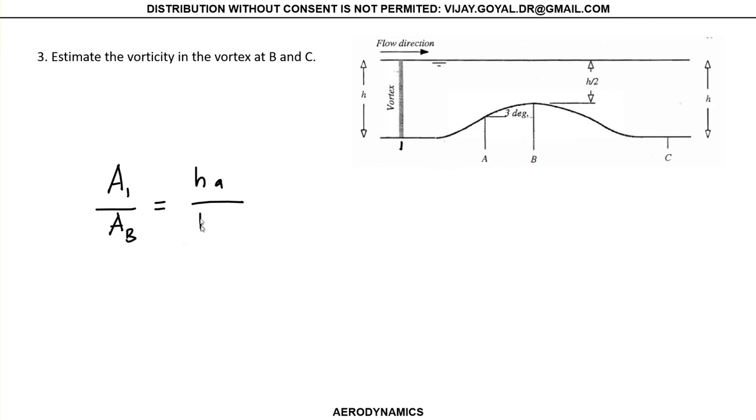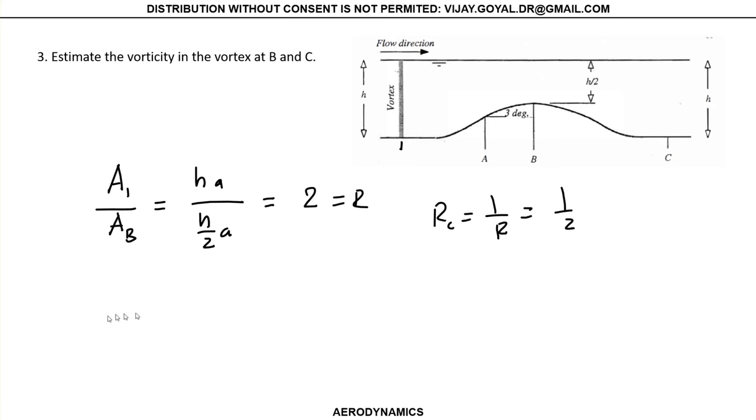Point B will be H over 2 times A. Then this will give you 2, that will be your R. That means that RC is 1 over R. That gives me 1/2.